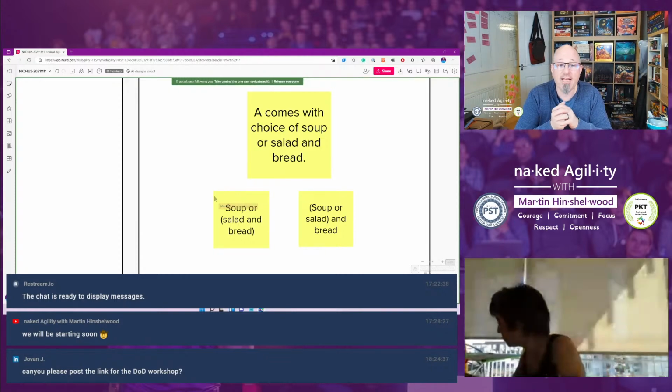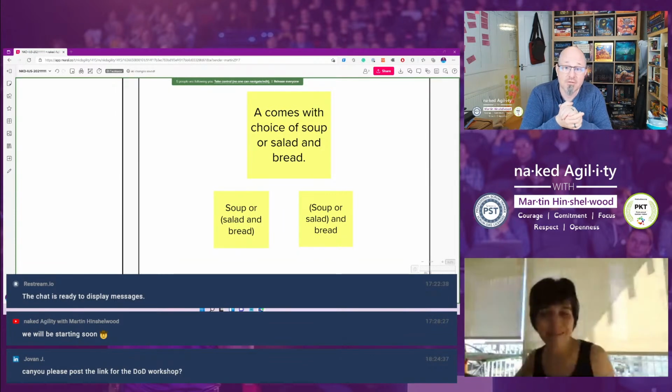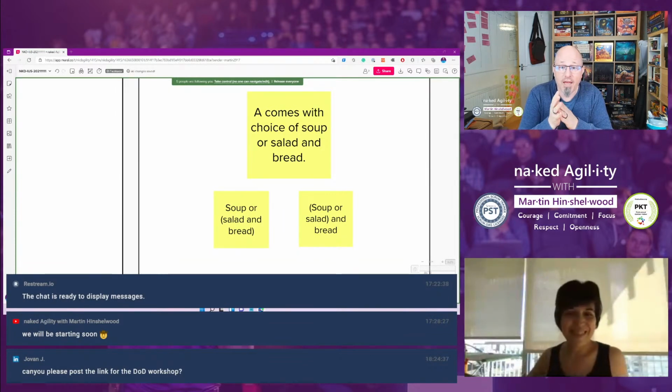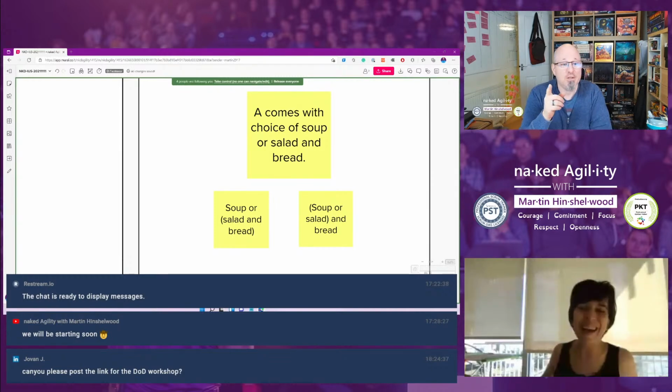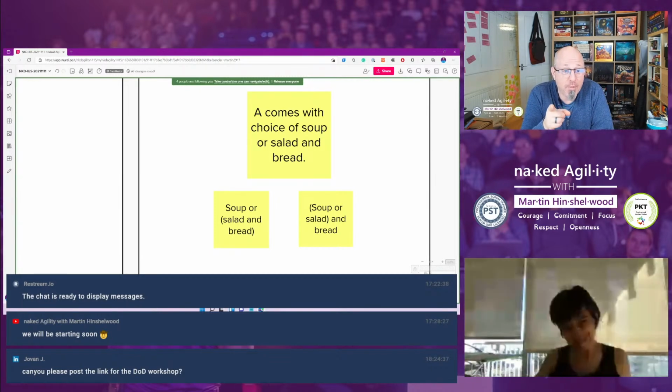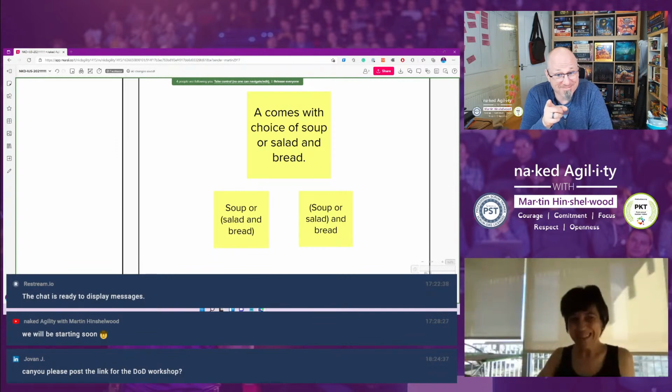My favorite engineering joke, Julong, is I want you to go to the local shop, and I'd like you to buy a loaf of bread, and if they have eggs, buy 6. Julong's laughing because he's going to come back with 6 loaves of bread if they've got eggs, right?